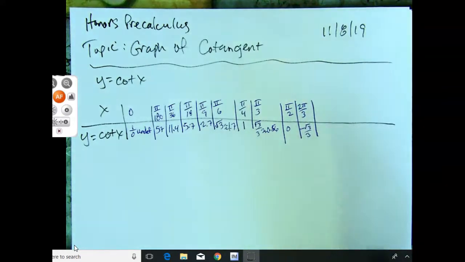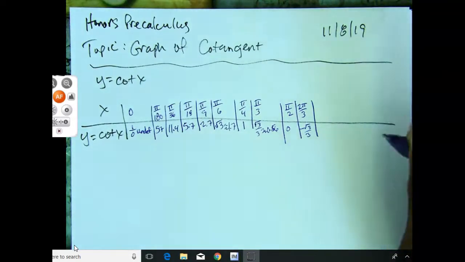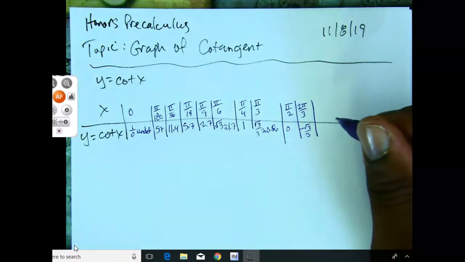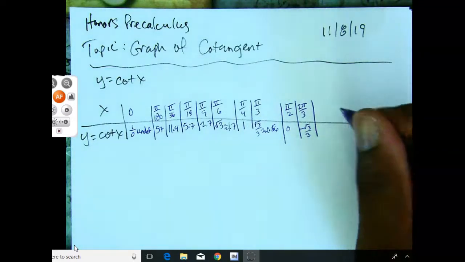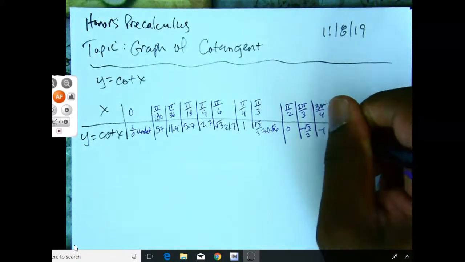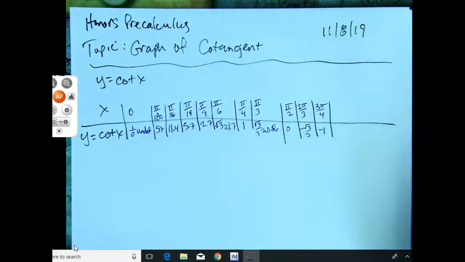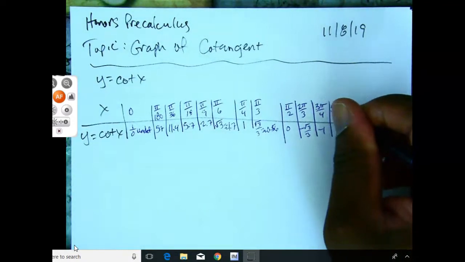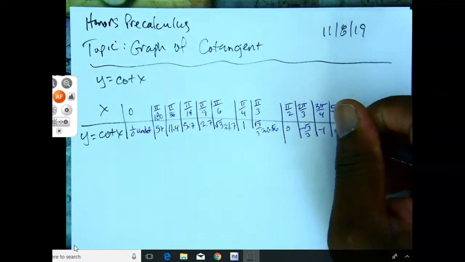And then as we build ourselves towards pi, the measures are just going to be negative because in the second quadrant cotangent is negative. So at 3 pi over 4, cotangent is negative 1. At 5 pi over 6, cotangent is negative square root of 3.